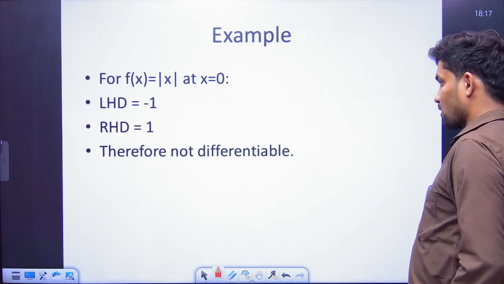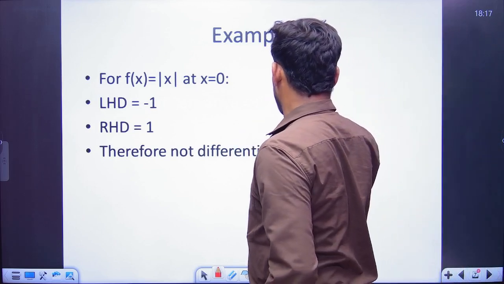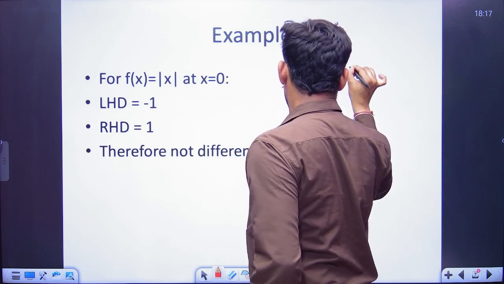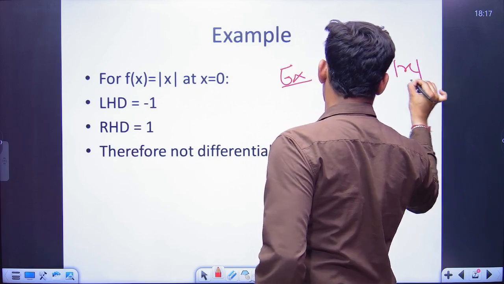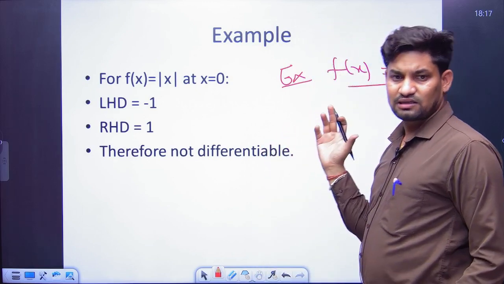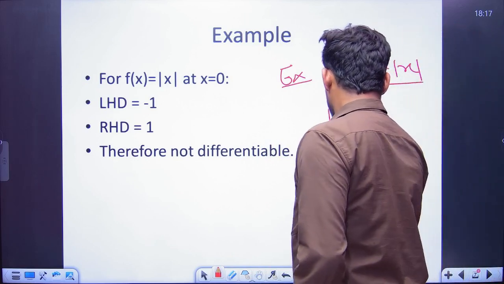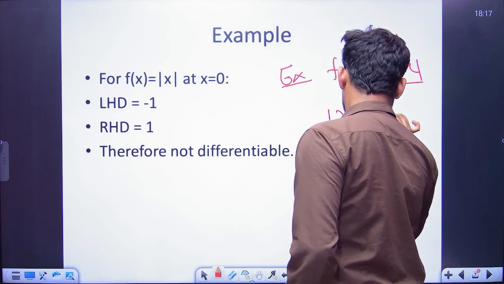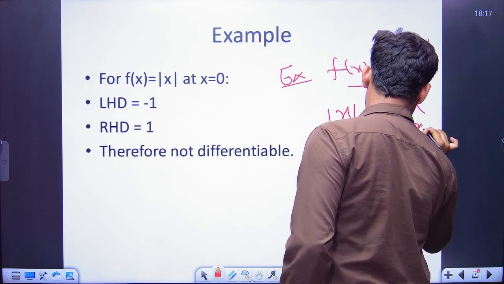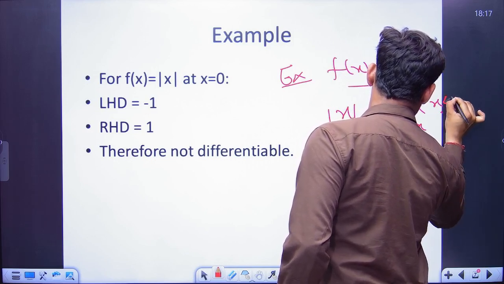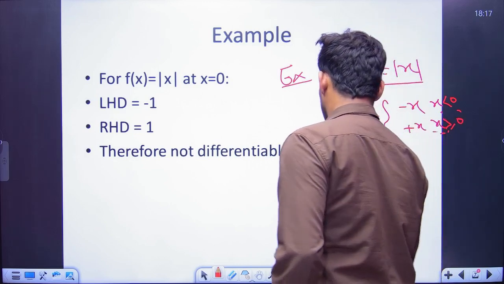Next, we take one example, f(x) equal to mod x. Is it differentiable or not? Mod x equal to minus x when x is less than 0, and plus x when x is greater than or equal to 0.